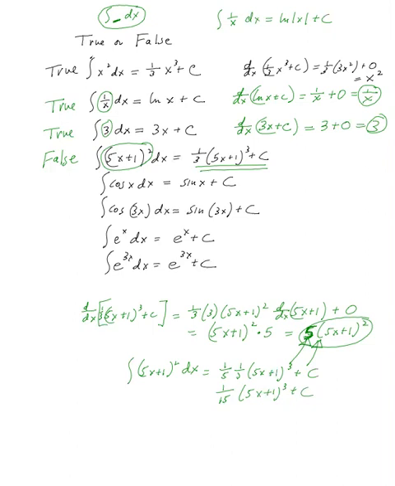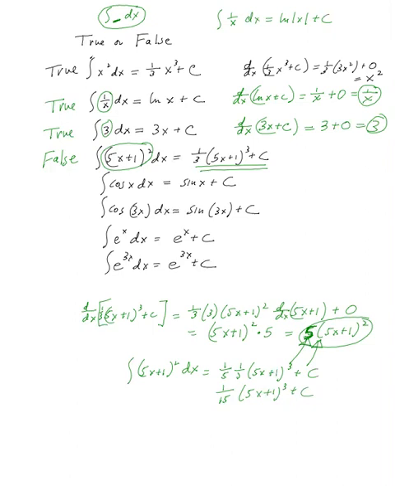And if you take the derivative of this 1 over 15 times 5x plus 1 cubed plus c, you really will get 5x plus 1 squared. We'll learn a more efficient way of doing that very soon. It'll be called a method of anti-differentiation called U-substitution, and it's undoing the chain rule.